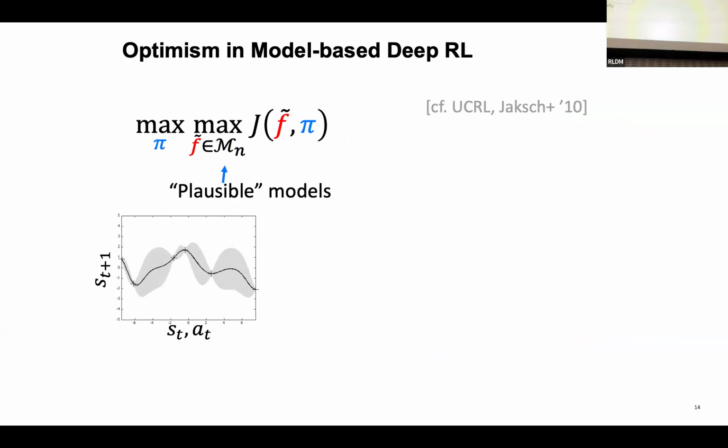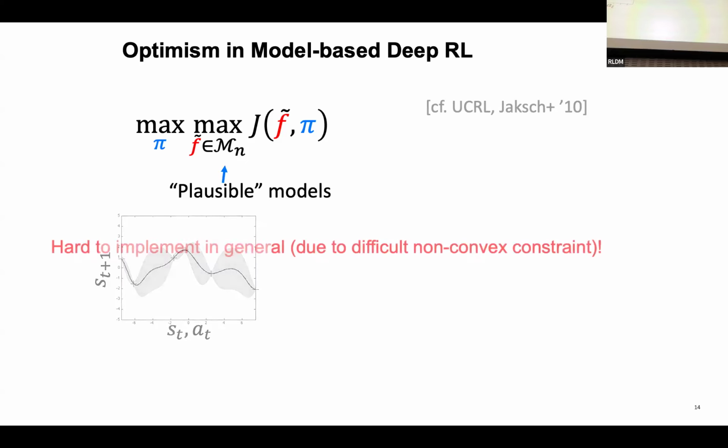And so the general idea of how to implement optimism in model-based RL is to consider a set of plausible models, right? Models that are plausible given all the data we've collected up to this point. And then try to optimize an optimistic estimate of the value that we could obtain.